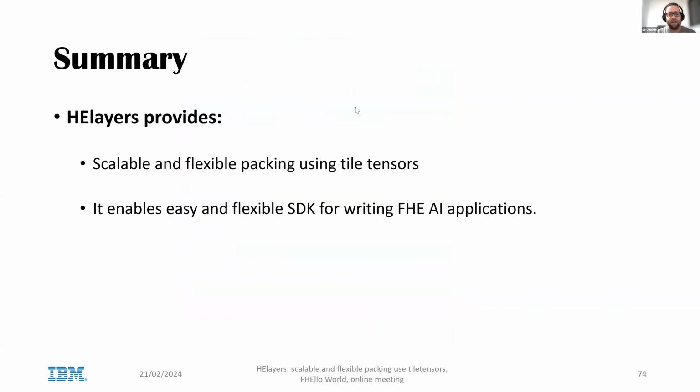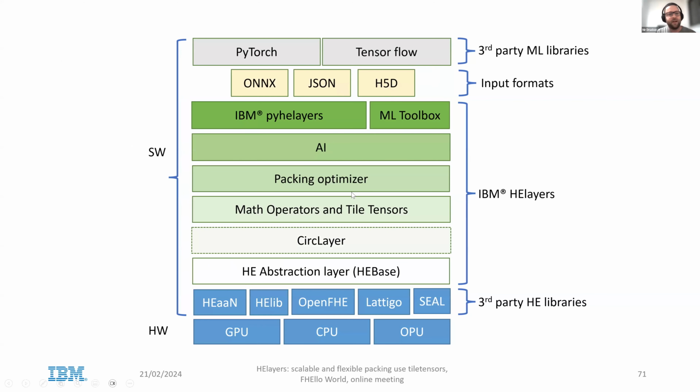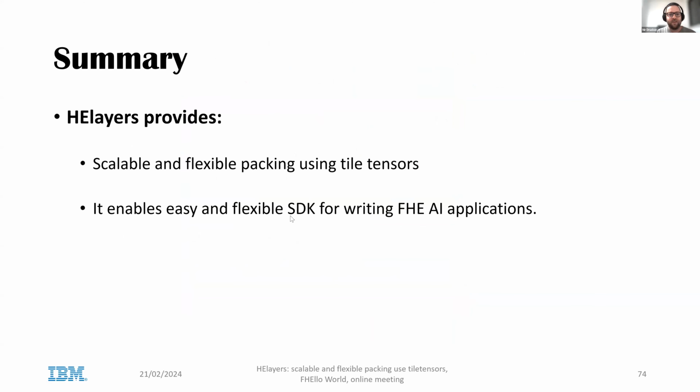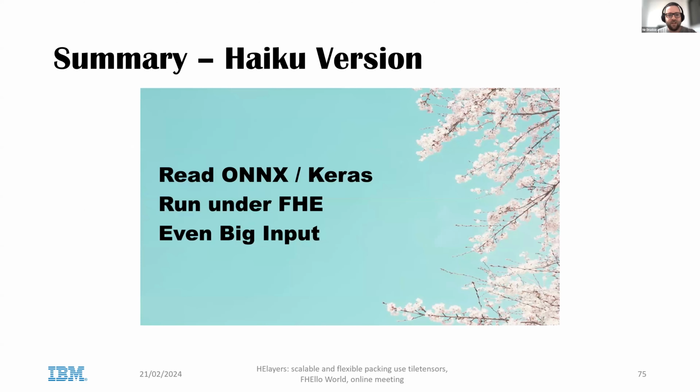Every layer here has its own API, so people can decide what level of granularity of knowledge they want to own in order to play with FHE applications. So it's possible to use tile tensor directly, or through the packing optimizer, or through the AI layer. And it enables an easy and flexible SDK for writing FHE applications. In a high-level flow, read ONNX, Keras, and run under FHE, even with big inputs.